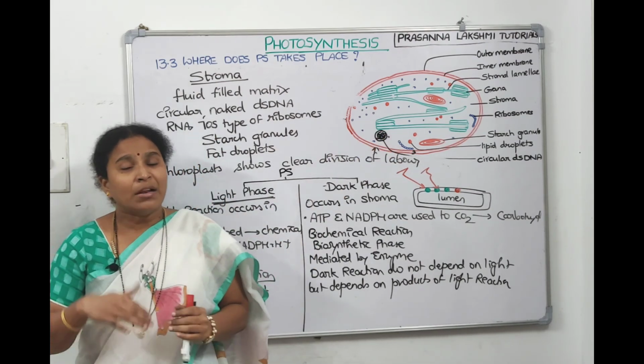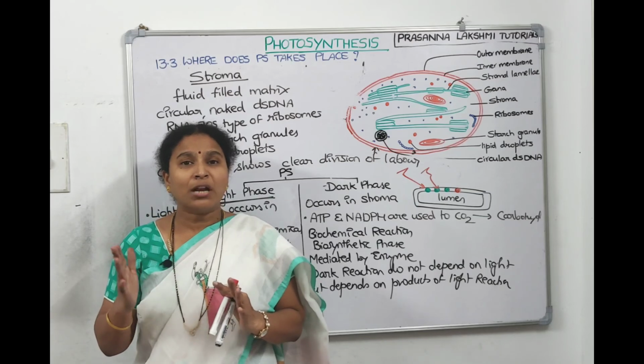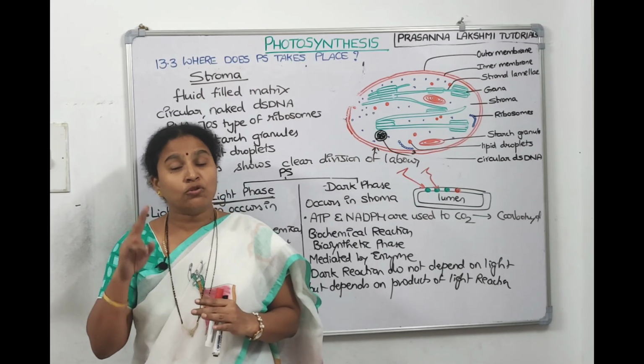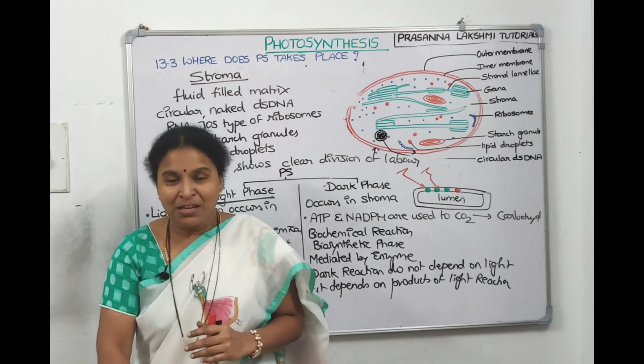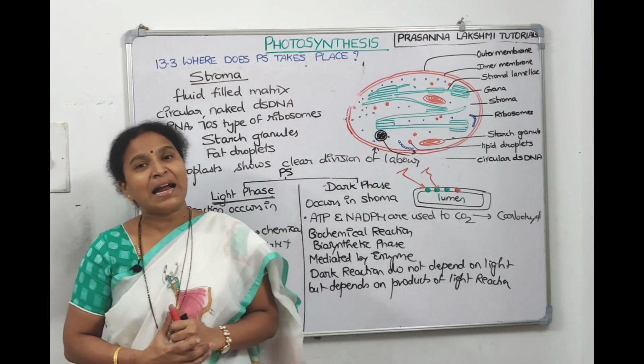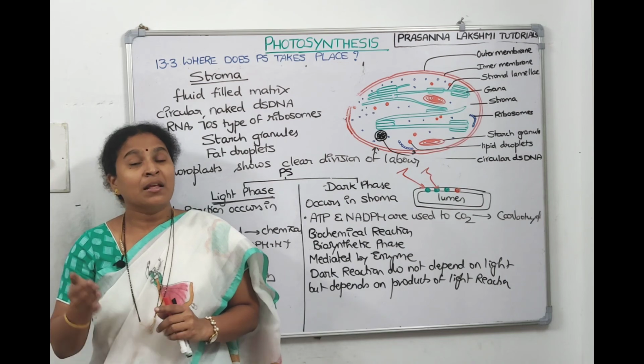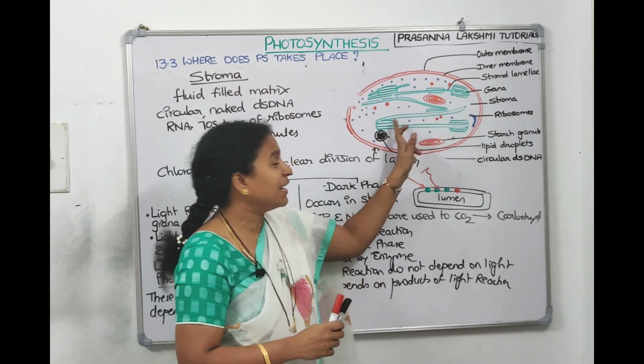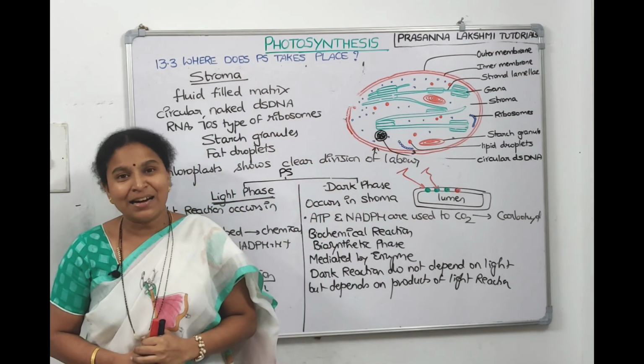And again, we'll see in detail that there are two types of plants, C3 plants and C4 plants. In C4 plants, two types of chloroplasts are there. They're called granule chloroplast and agranule chloroplast. That means there is one type of chloroplast in which the grana is absent. They are called agranule chloroplast.